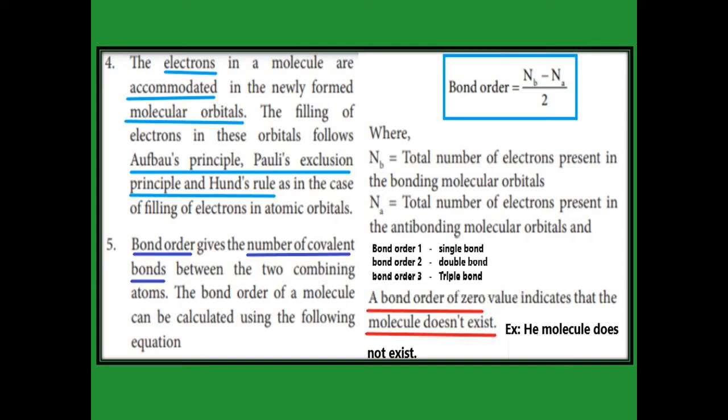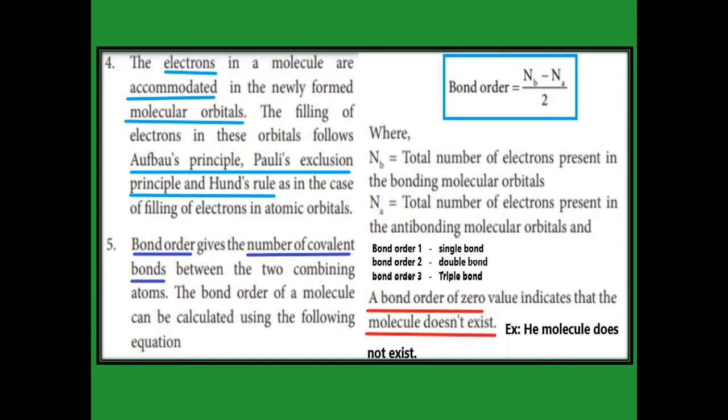Some students misunderstand that it indicates the orbital number, but it is not the orbital number. It is how many electrons are accommodated in the molecular orbitals; that electron number is Nb and Na.